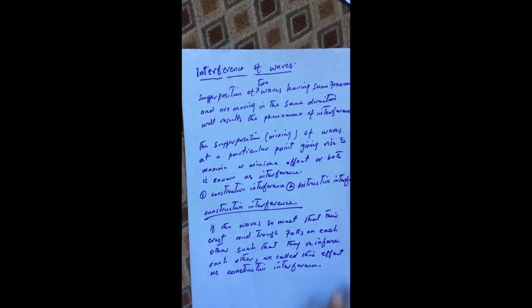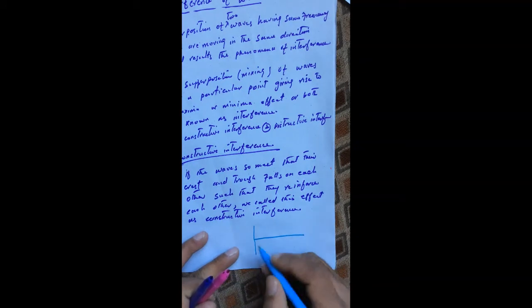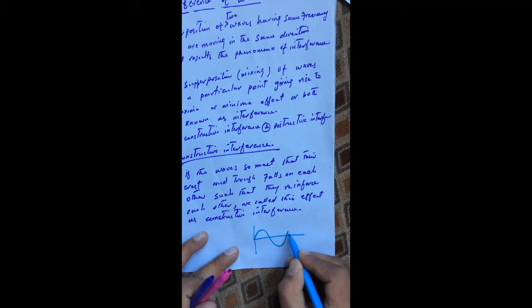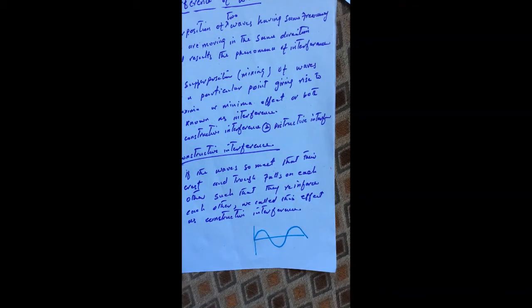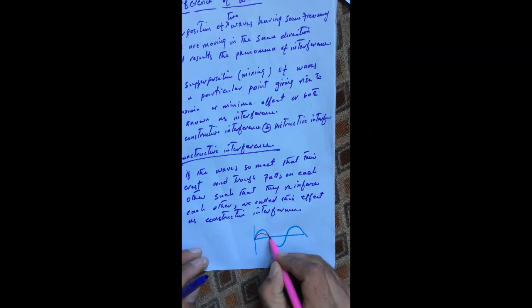We can picturize it. Suppose we have two waves. I will consider two different colors for the two waves. Suppose we have two waves moving in the same direction, having the same frequency. Let's suppose this is the first wave, and we have another wave which is also moving in the same direction, which I represent by this red color.